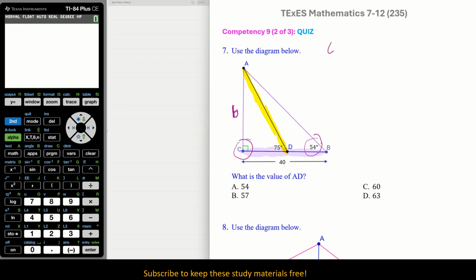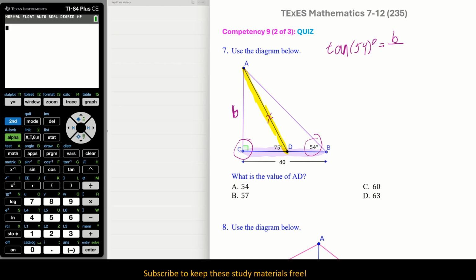So this means that we have tangent of 54 degrees equals what we're calling B. The reason I'm calling that leg B is we want to call what we're looking for X, just to keep that straight in your head.